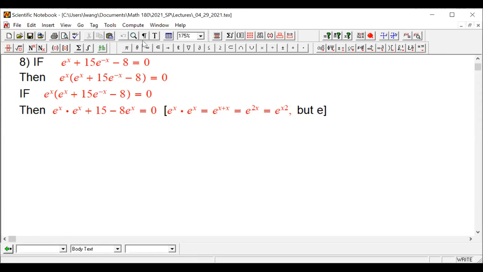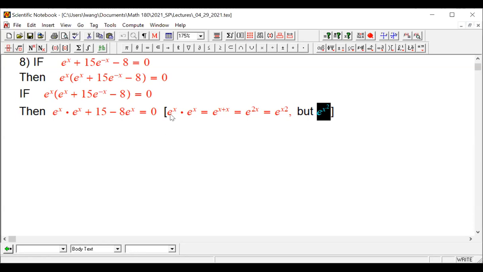If you write it this way, even though your intention is to write it the other way, but you write it this way by mistake, they are different.